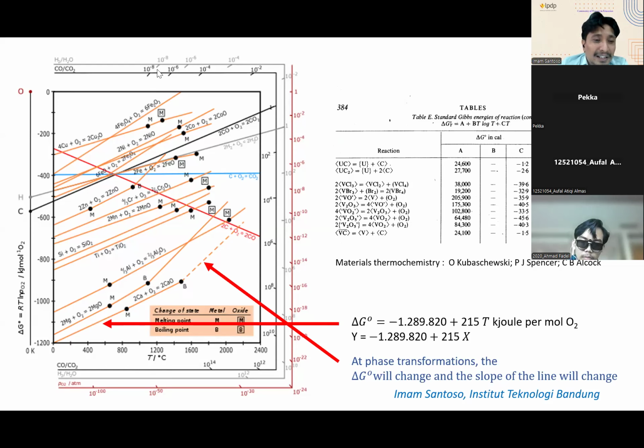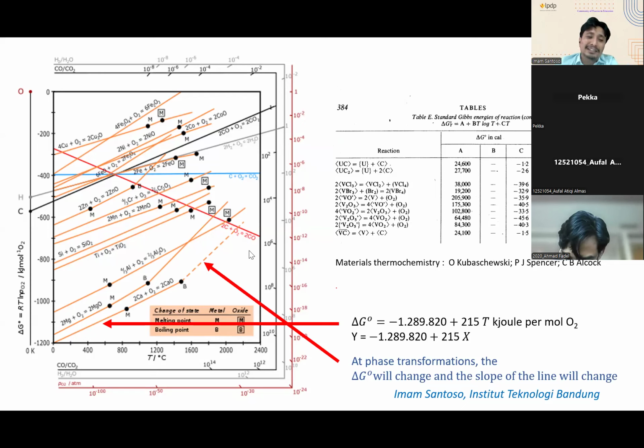Okay, guys. Iron, for example, where is iron? Here, the iron melting point is around 1000, close to 1600.